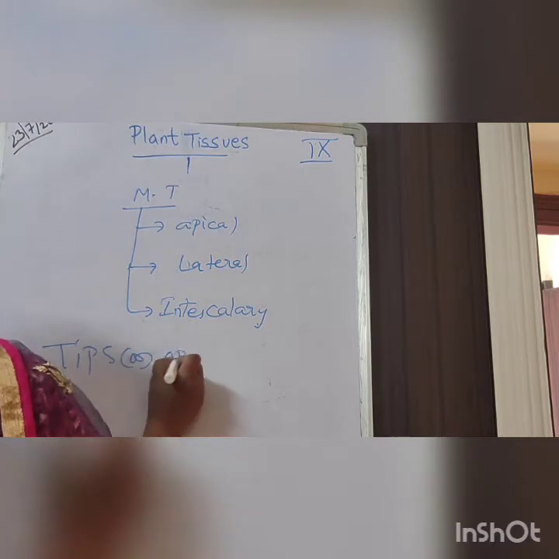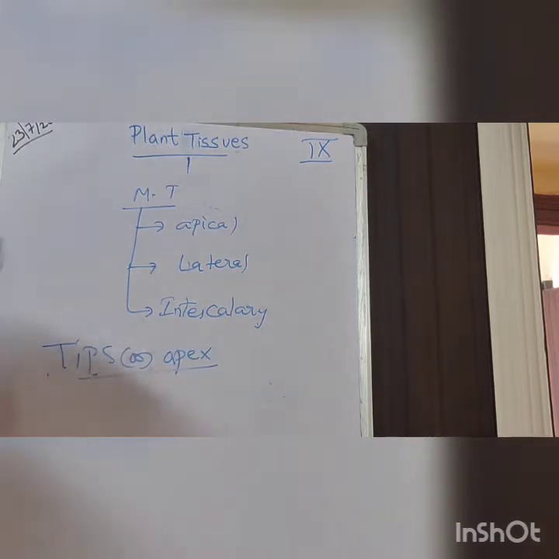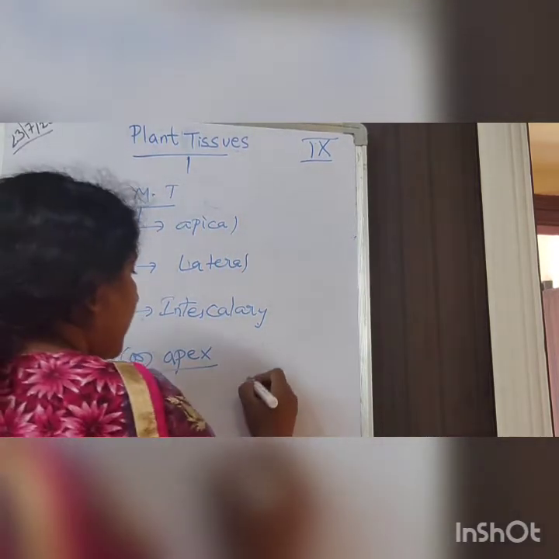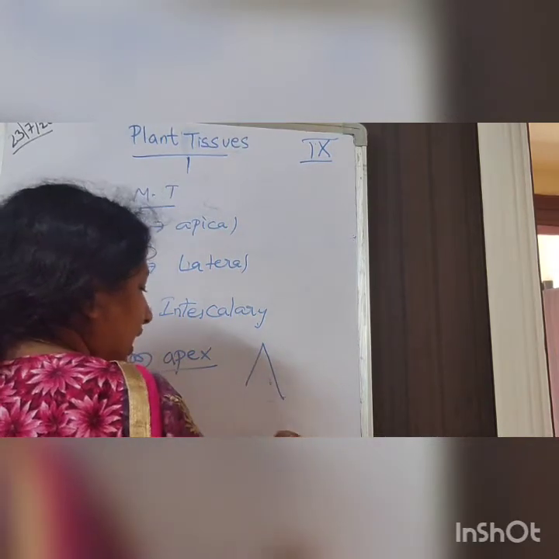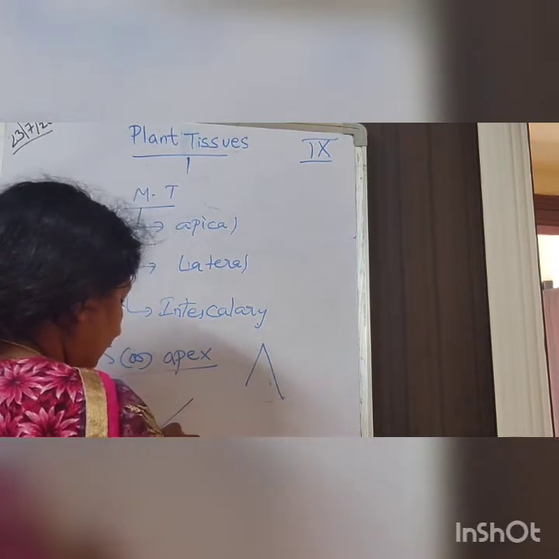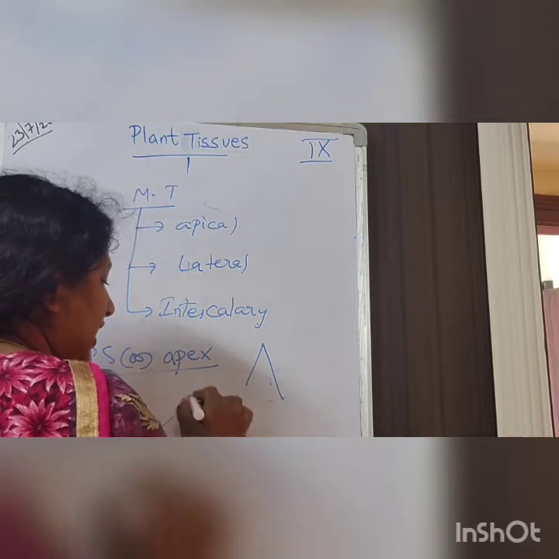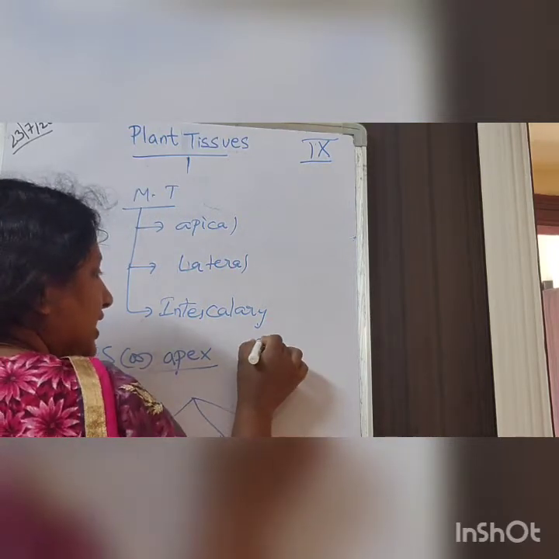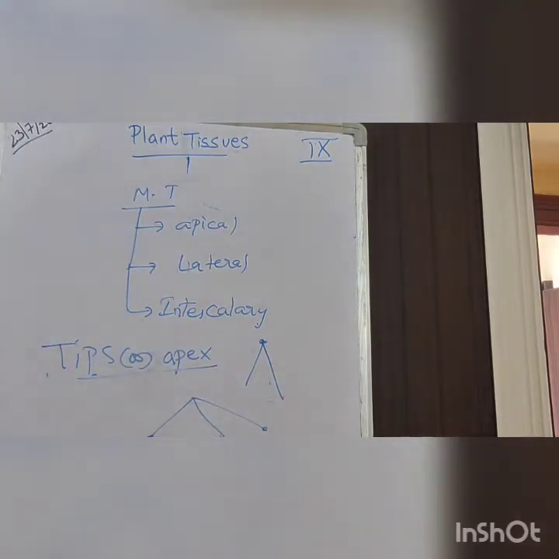Tips are also called as apex. Tips means at the shoot tip or at the root tips. Root hairs you will have like this, no? At these tips you will have apical meristematic tissue.